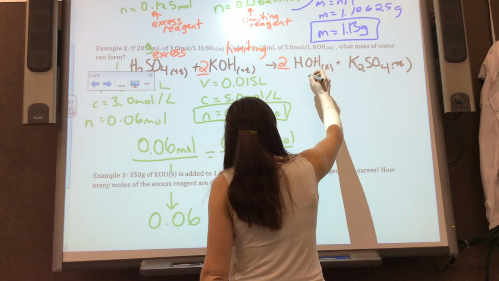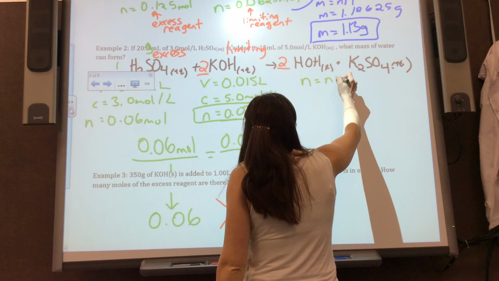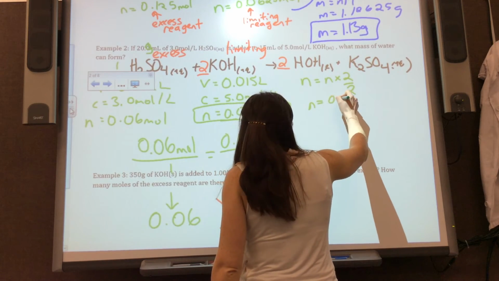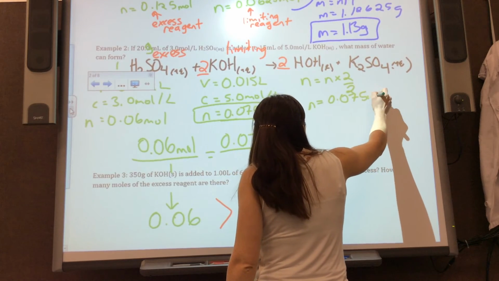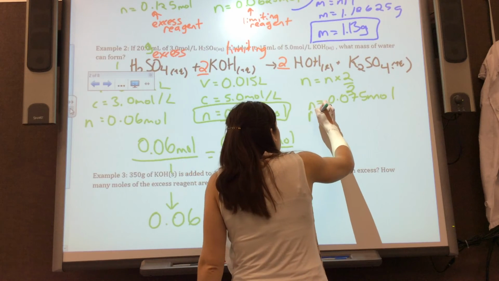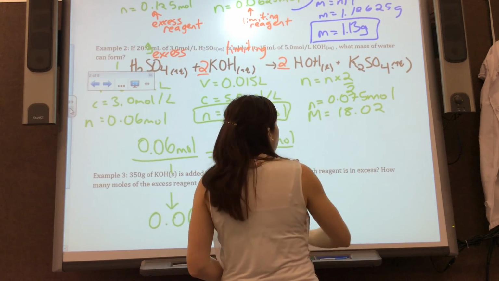Well, it's a 2 to 2, so n is equal to n times 2 over 2. So my moles for my water is 0.075. And I'm asked what's the mass. So I know my molar mass is 18.02. Oh, I should have been using blue.